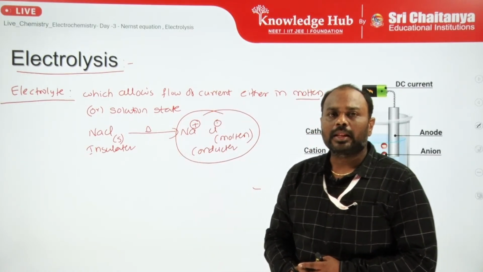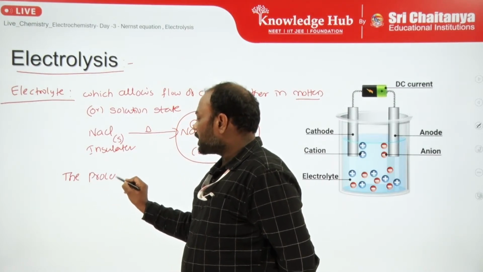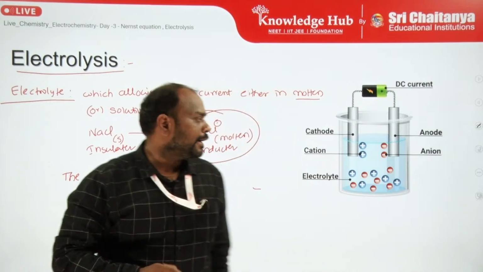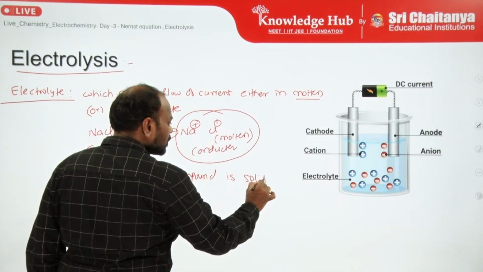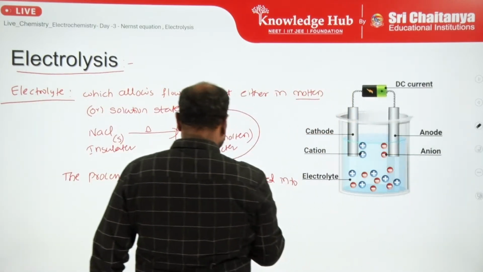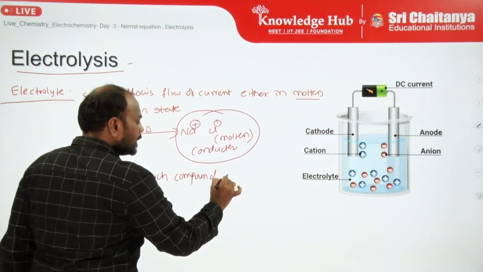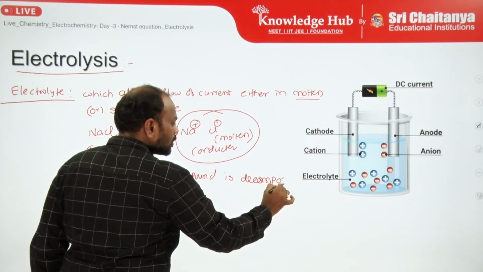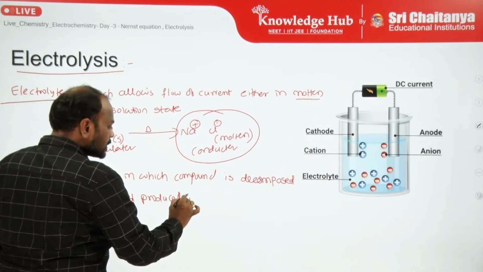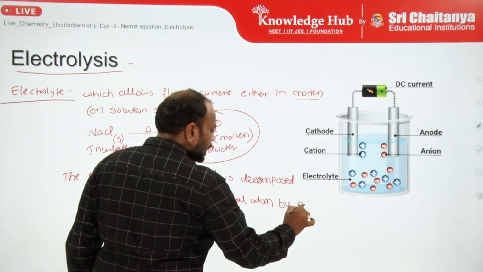Then the total phenomenon is known as electrolysis. It is the process in which a compound, or electrolyte, is split, decomposed and produces its parental atoms by passing of EMF.